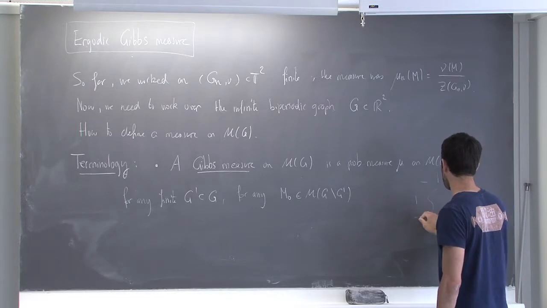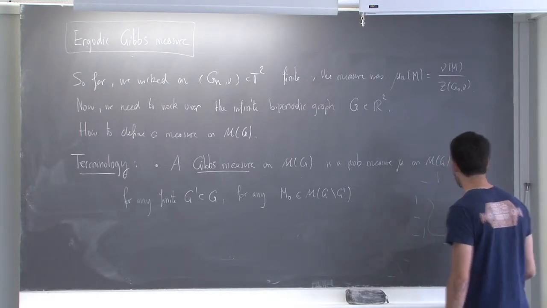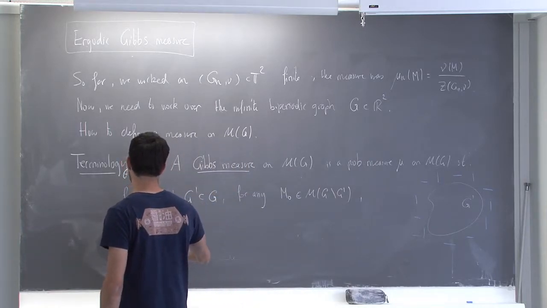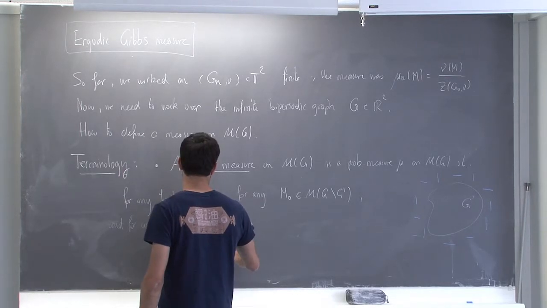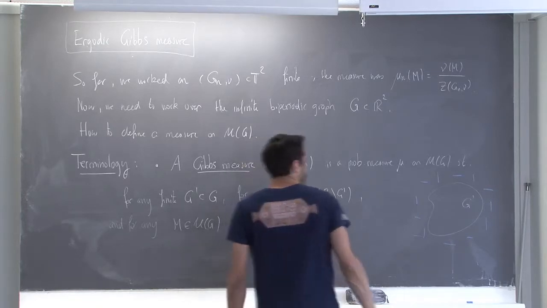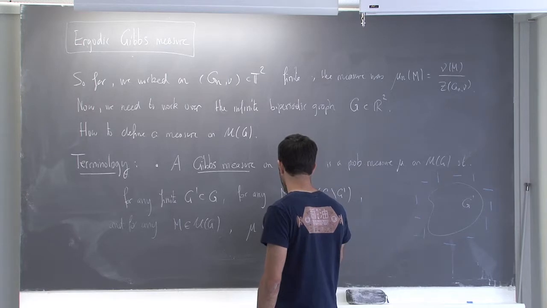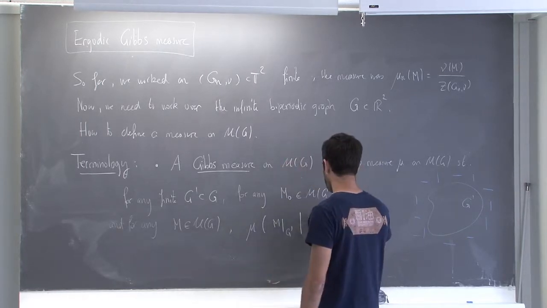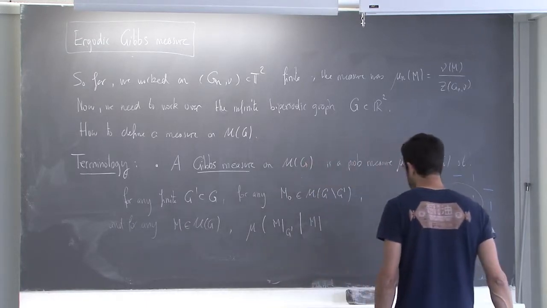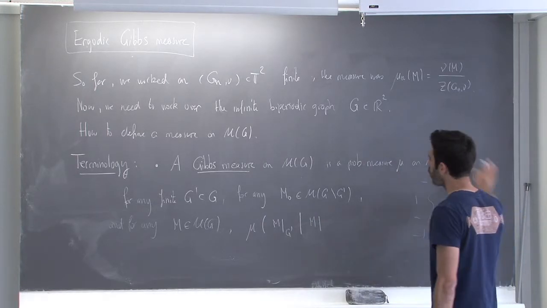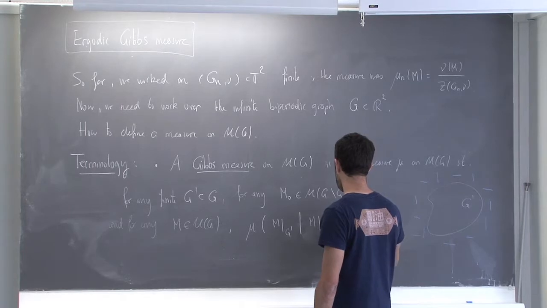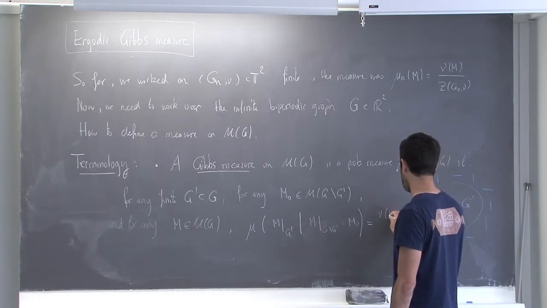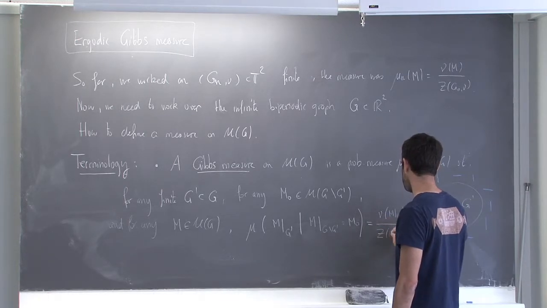So you see I fix a perfect matching on the infinite part, and for any perfect matching on G, we have the measure of M restricted to G prime, conditioned on, so we're only looking at the perfect matchings that coincide with M0 outside, so M restricted to G but G prime is equal to M0, this should be given by nu of M restricted to G prime over Z G prime nu.